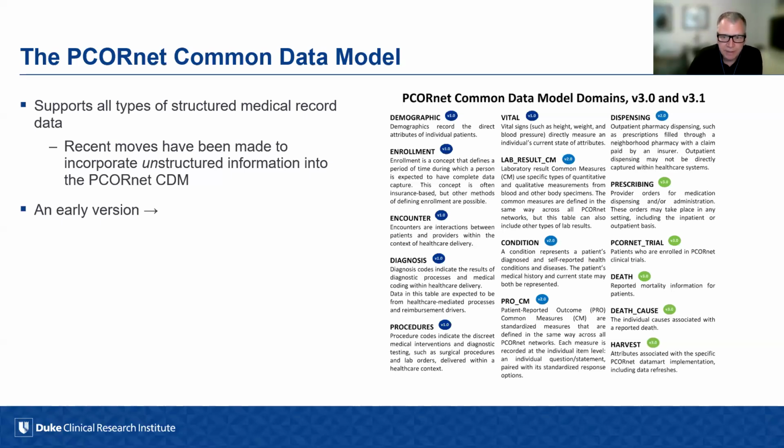And the more structured data that you have, that's easier to get into a common data model. I know there have been recent moves to make unstructured information available in the common data model, but that's a little more difficult. But anyway, just to give you a sense of what we're dealing with here.